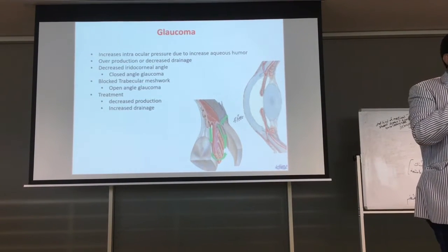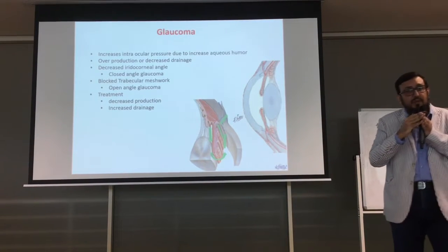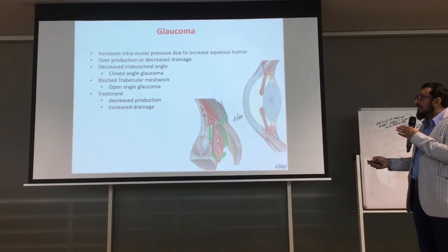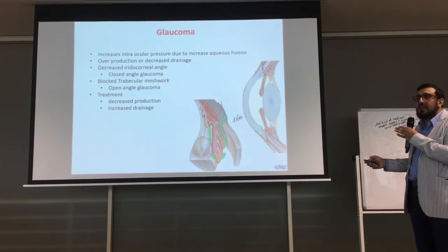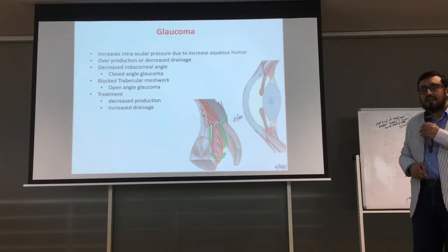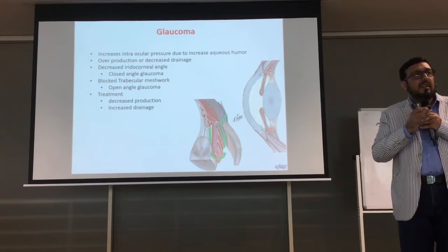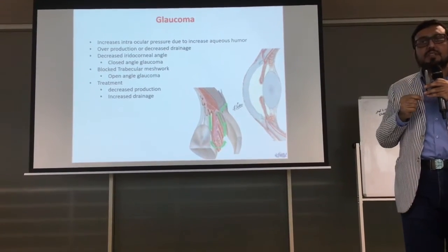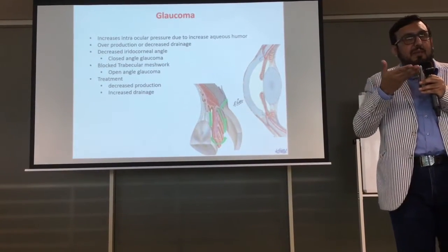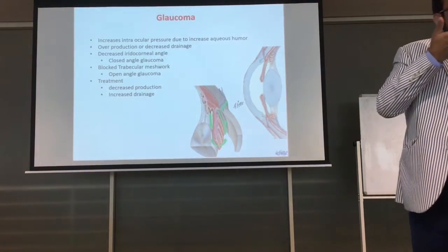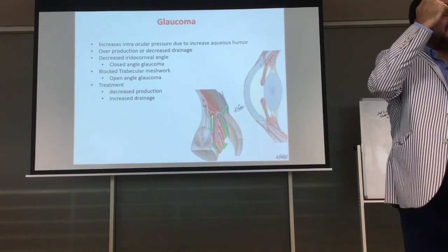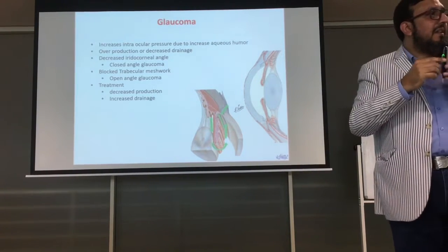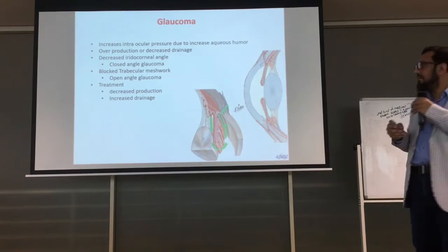This will increase the pressure of the fluid inside, and this type of glaucoma is called closed angle glaucoma. We can examine this through the slit lamp examination tool, through which we can look behind the cornea, between the iris and the cornea, and see whether the angle is open or not.